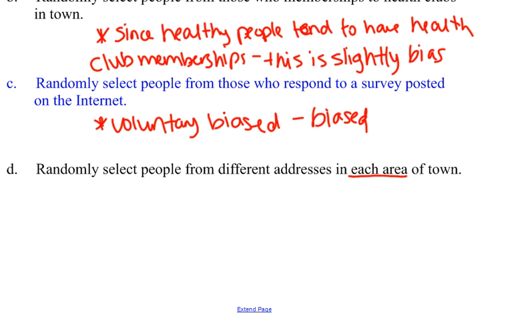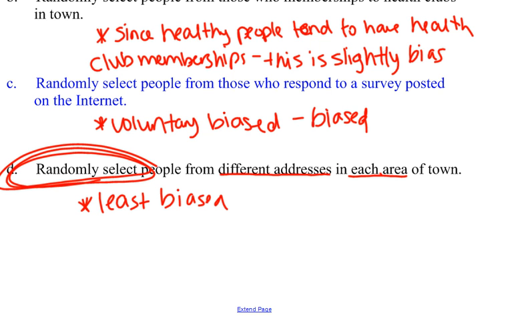So we'd even be separated by income levels, by maybe people who live on the north side of our town versus the south side. Maybe they have different areas of interest. Because they said they're going to each area and picking different addresses, this is the least biased way. Of the 4 we're looking at, this is the least biased because they are randomly selecting, that's our key word, right? People from different addresses in each area of town. So that's our least biased way of getting the data.